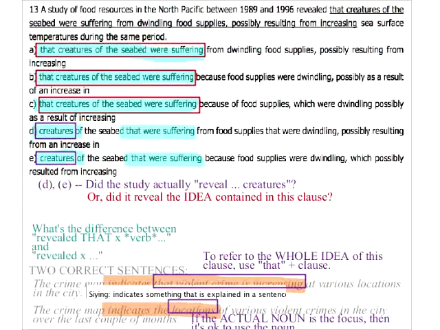Of those two, it's the latter. The study didn't reveal any creatures. Instead, the study showed that the dwindling food supply was causing issues for those creatures. So there you go. That means we don't want D and we don't want E.